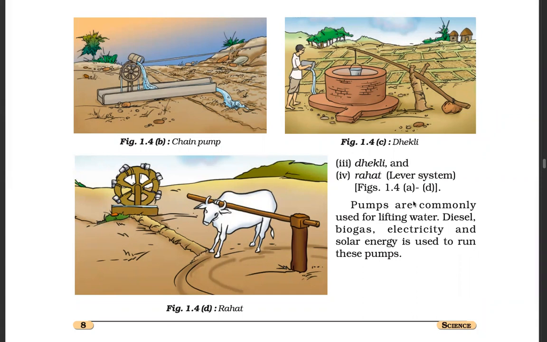For example, I can just tell you over here, like this, the bucket fills and the water goes over here. I know it is not given, but fine. So diesel, biogas, electricity, and solar energy are used to run these pumps.